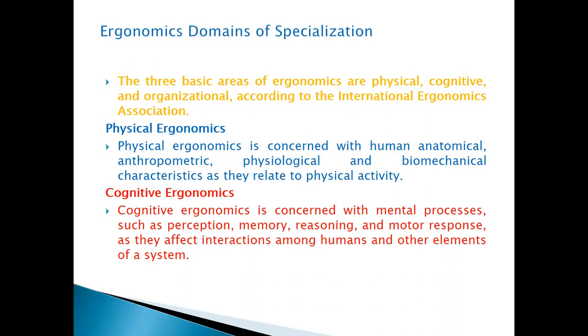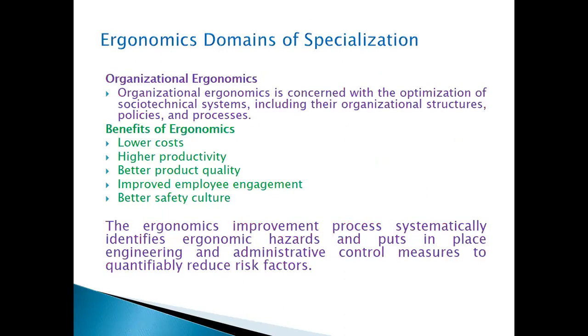Physical ergonomics deals with the body anatomy of the human operator, which includes both physiological and biomechanical characteristics. Cognitive ergonomics is about mental thinking, the perception of the brain of a human worker about a particular process, the observation of a process or an activity carried out in the daily work system.